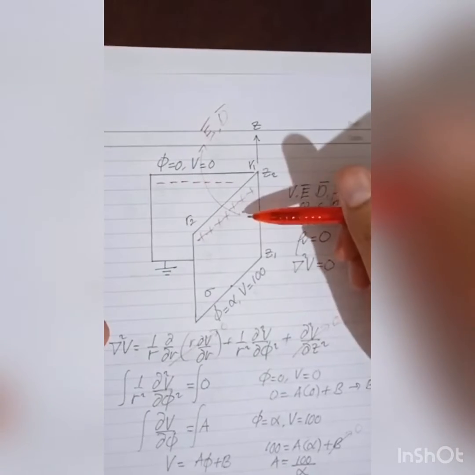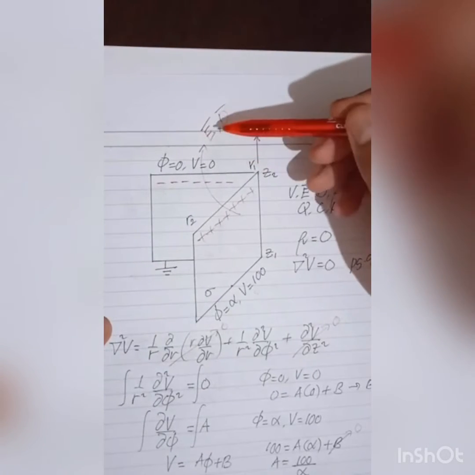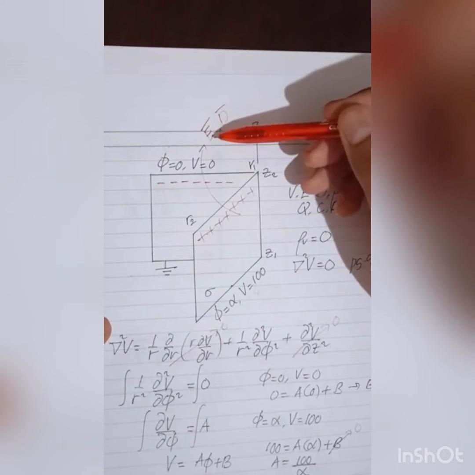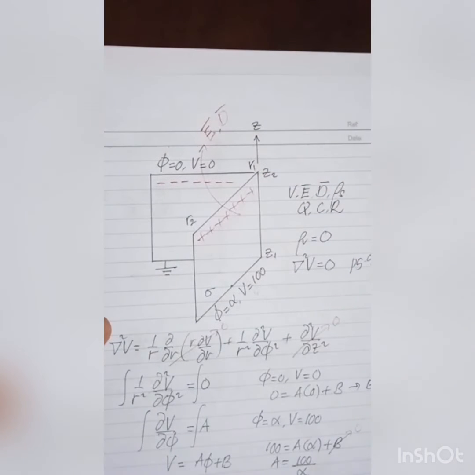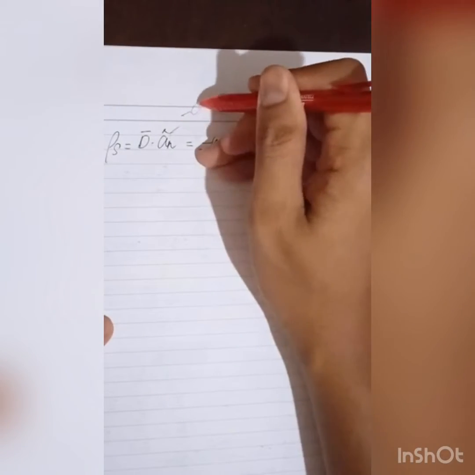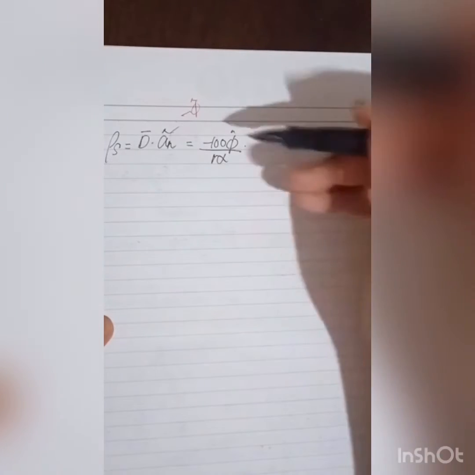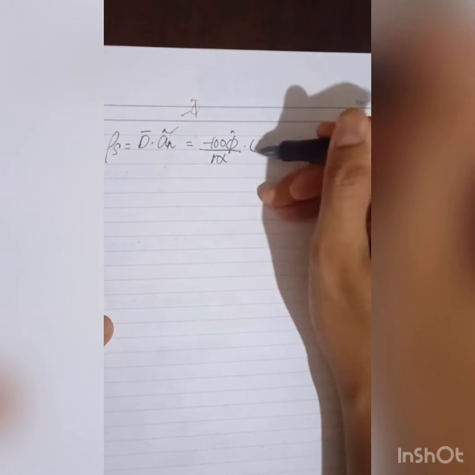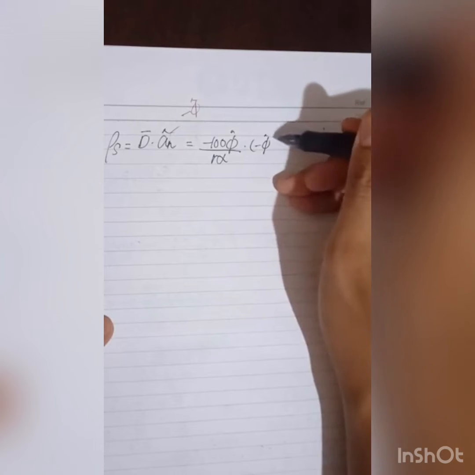Now, how do we determine the normal vector a_N? You can see from this figure, the a_N is always following the E direction. Since E and D are in the negative phi direction, the a_N will also go in the same direction, the negative phi direction. So you can put this dot with a negative phi direction.